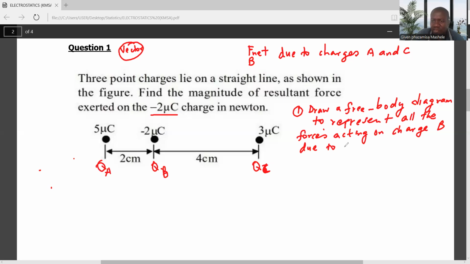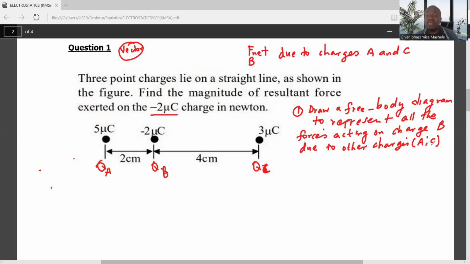So this is the first thing that we need to do here, due to other charges. Here our charges will be A and C. So number one, we need to draw a free body diagram to represent all the forces that are acting on charge B due to other charges.